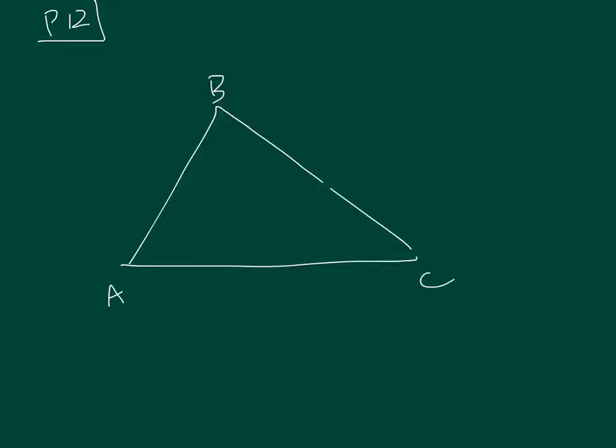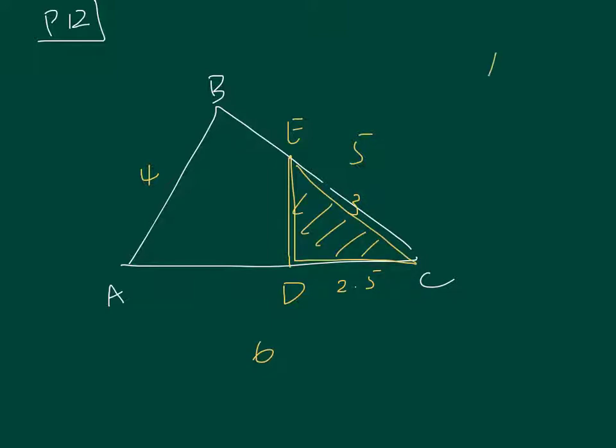Prove that triangle ABC is similar to EDC. Again, you've got to use either AA or SAS or SSS. So use the similarity theorem to prove those two triangles are similar.